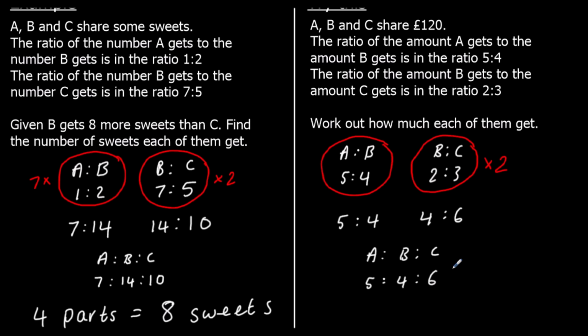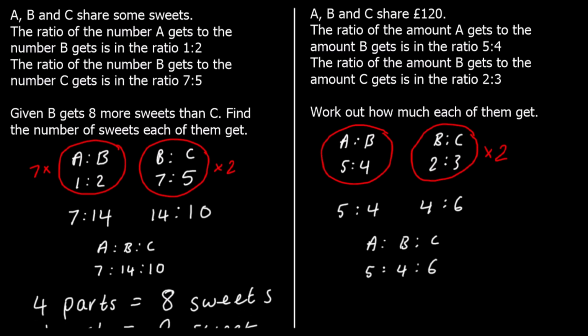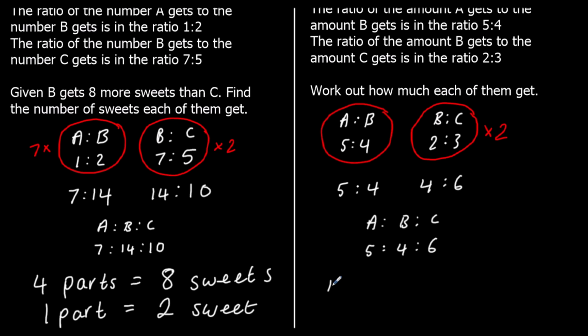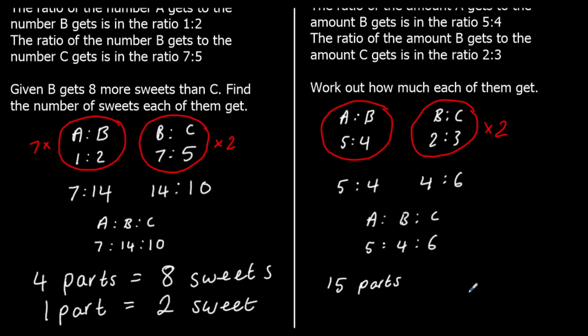And they're sharing £120. So I've got 15 parts here. And each part must be worth the same. So we've got £120 shared out between 15 parts.